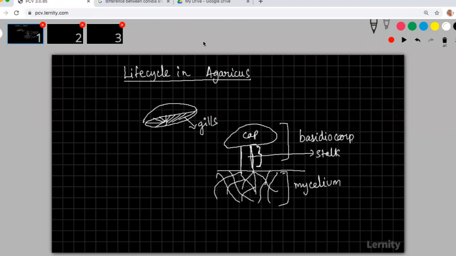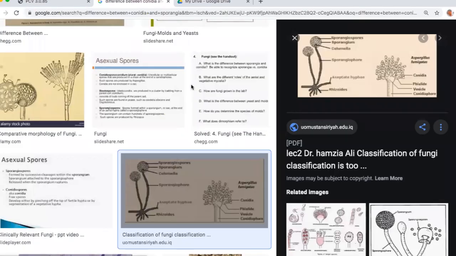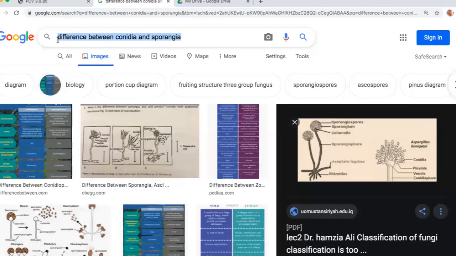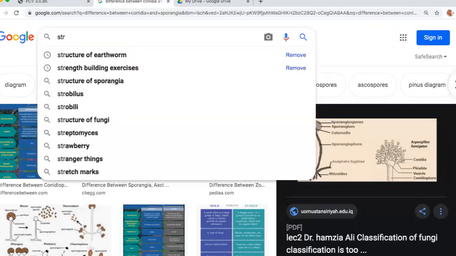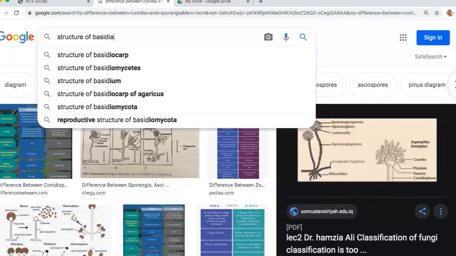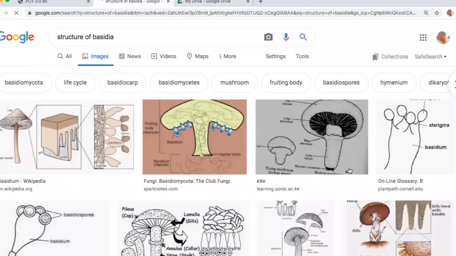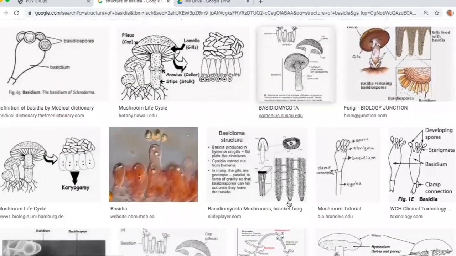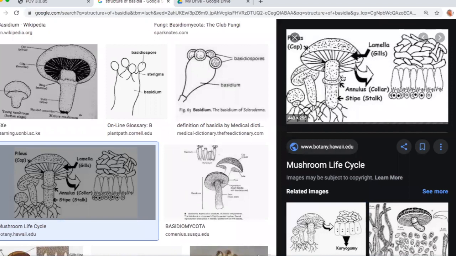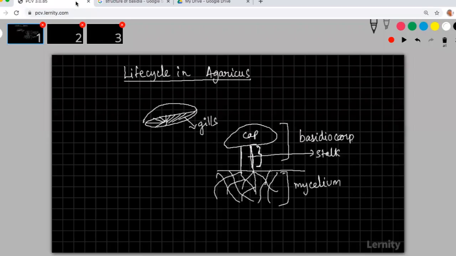If you are going to see the structure of a gill, I'll just show you. So this entire thing I told you is the stalk.